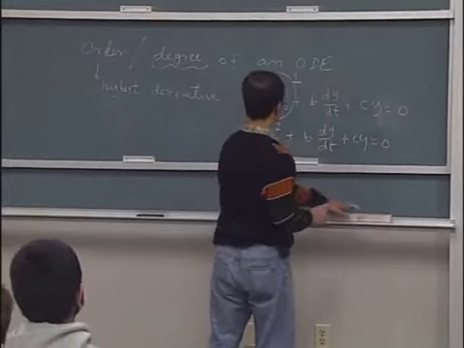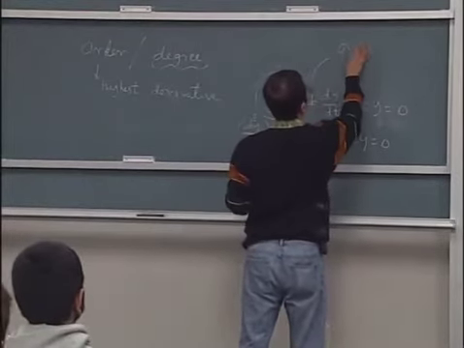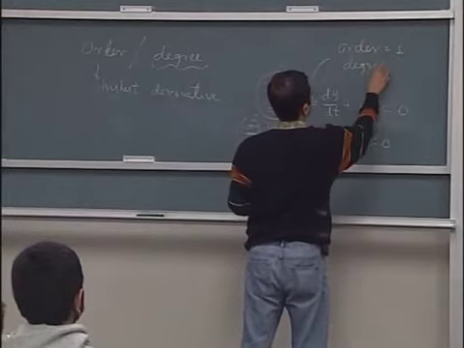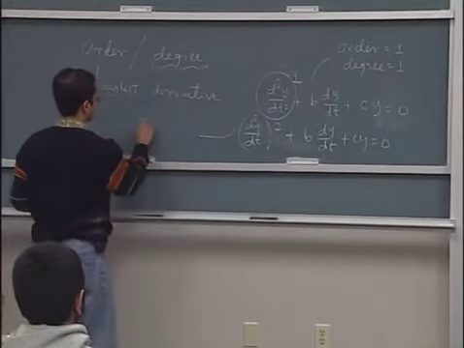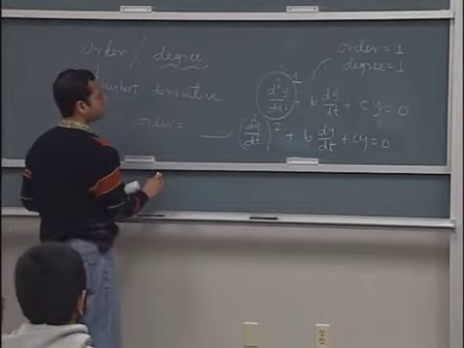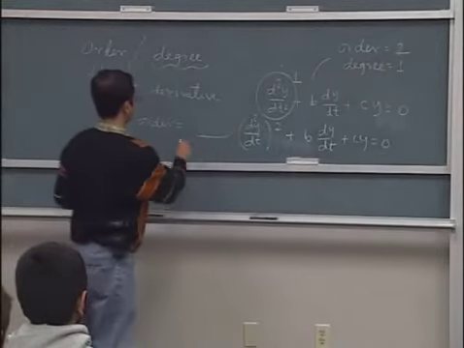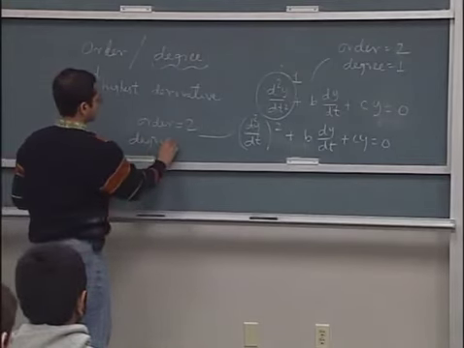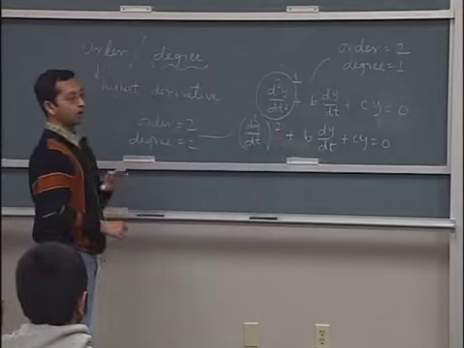So in this case, what's the order? The order is 2 here, not 1. Order is 2 because of the second derivative. Order is still 2, and the degree is also 2 because now I have a second power. Yeah.